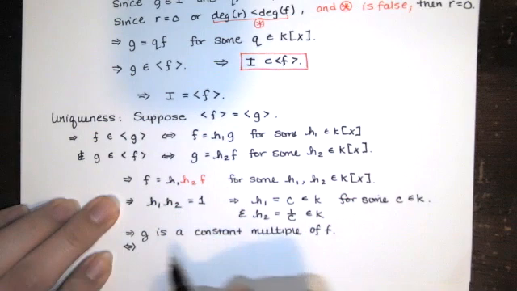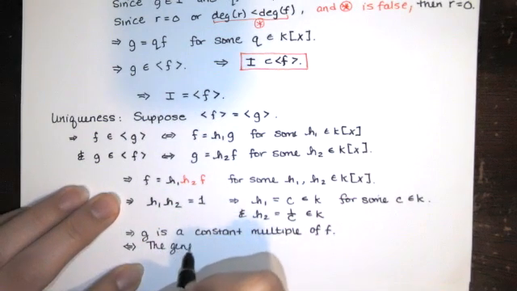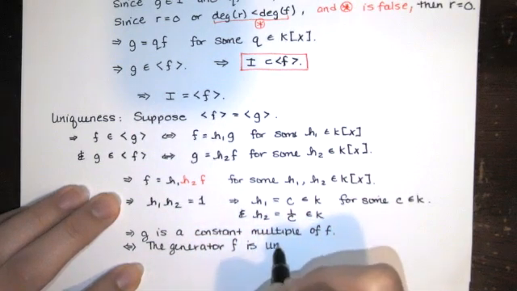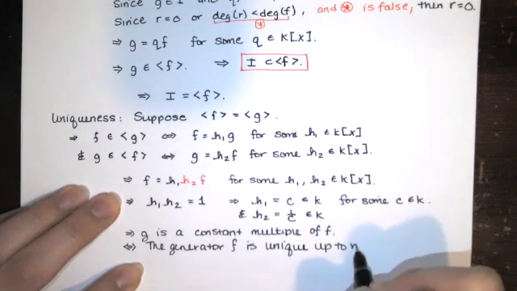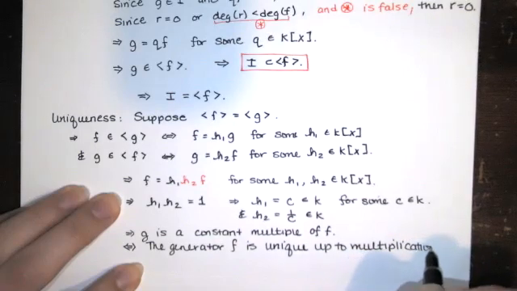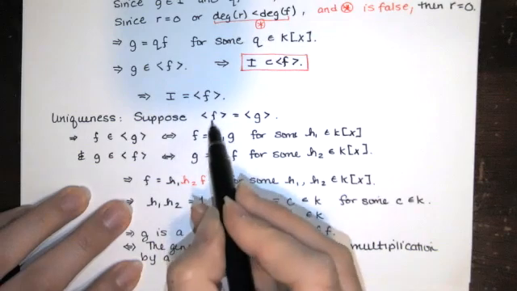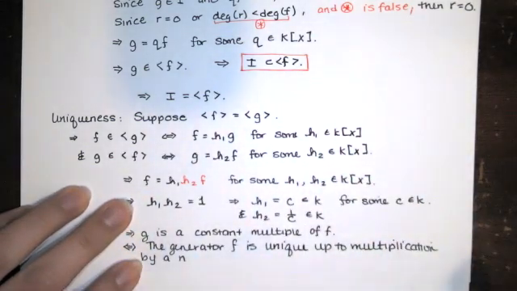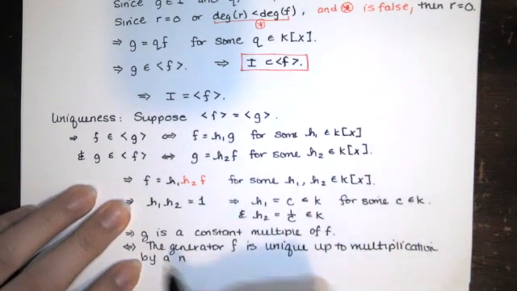And that's the same as saying that the generator f is unique up to multiplication by a non-zero constant. So if this one is x squared plus 1, this one could be x squared plus 1, that whole quantity times 3, and that would totally be fine. You get exactly the same ideal.